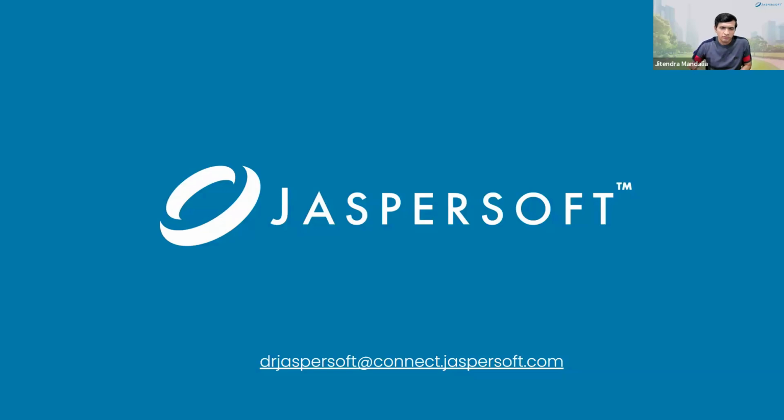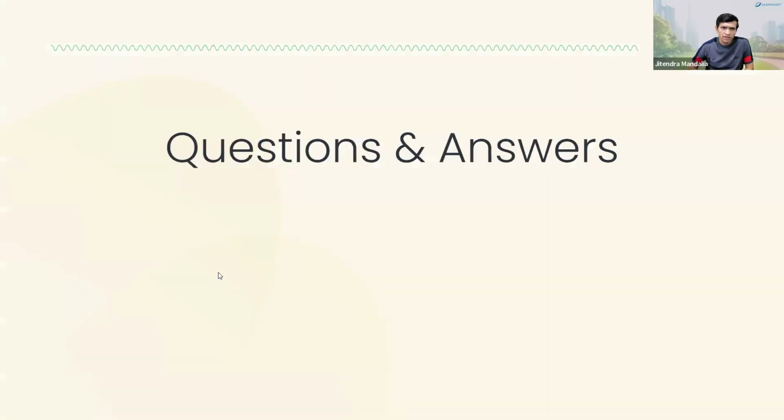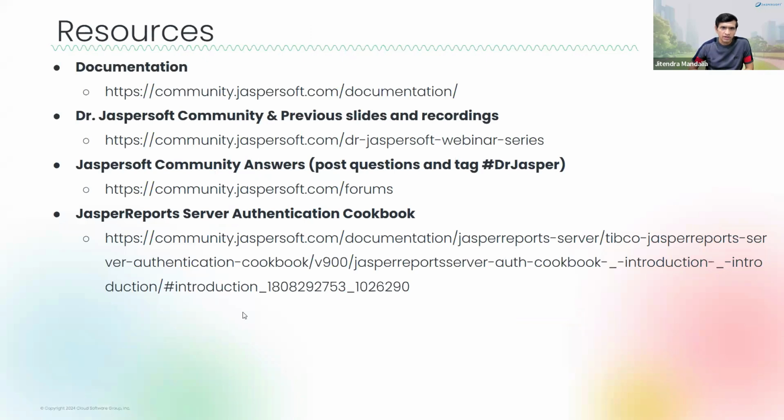If you share that, and the authentication cookbook which I showed, that is the one which has all the information about 9.0 specific configuration. So yeah, the last item, which is the authentication cookbook. Okay, awesome. So that link will be there in the slides once this gets posted. As always, you can find our documentation on the community website, community.jaspersoft.com/documentation. There will be documentation for every version we have on that website.